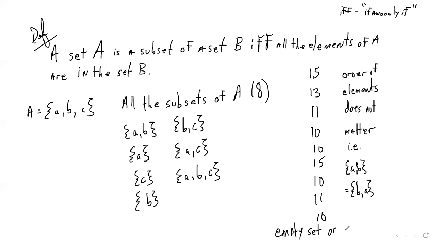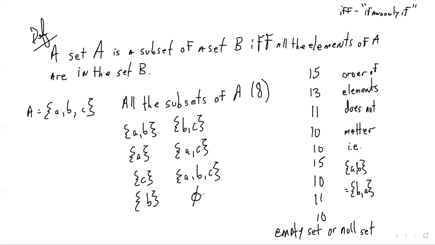You will also hear this expressed sometimes as the null set. I say empty set, but these are interchangeable, so empty or null. The easiest notation is a circle with a line through it like that. That represents what we call the empty set.